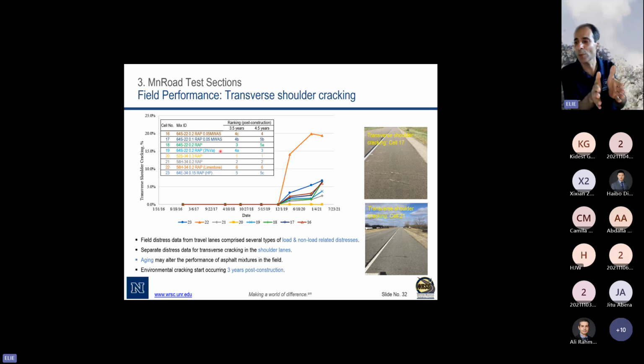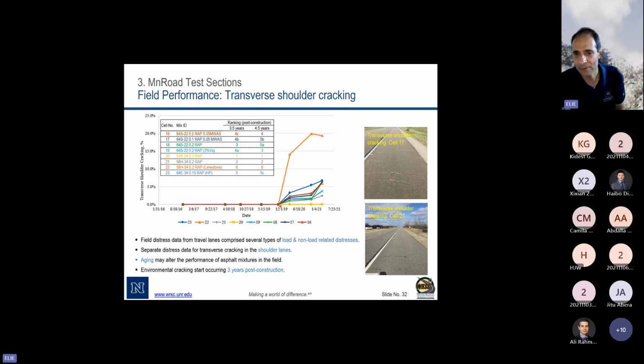This was all built back in 2016. We got our samples and tested them around 2017. So we got all the results 5 or 6 years ago, and now we're waiting for the field performance. For the first 3 years, there was no cracking.